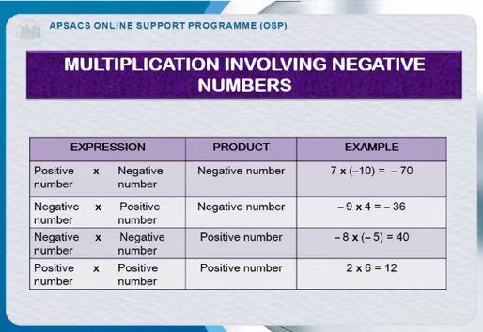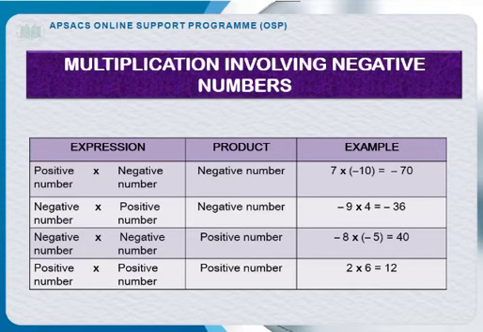Rule number 3 is, if we multiply a negative number by a negative number, we'll get a positive number. You can see this example, if we have -8 multiplied by -5. So minus minus plus and 8 5s are 40. So here 40 is the positive number.